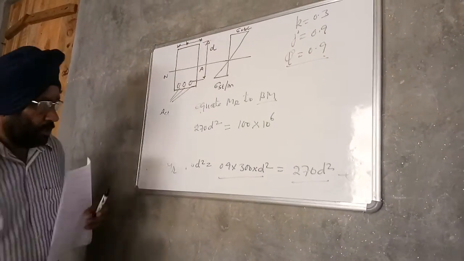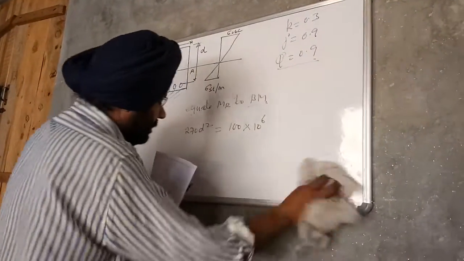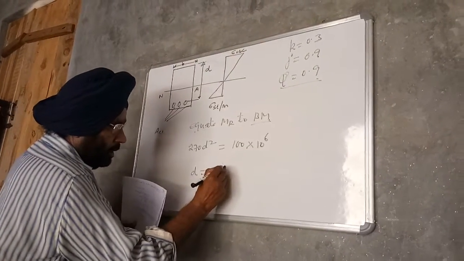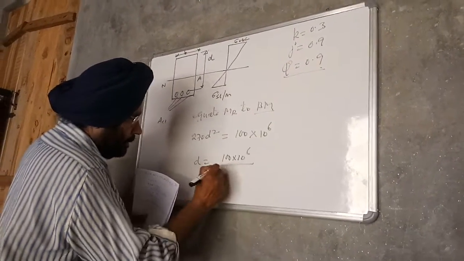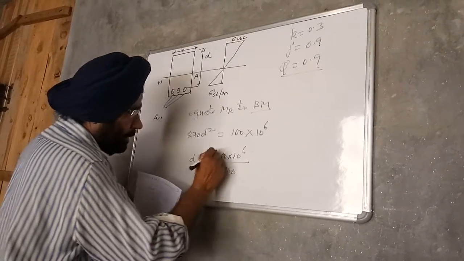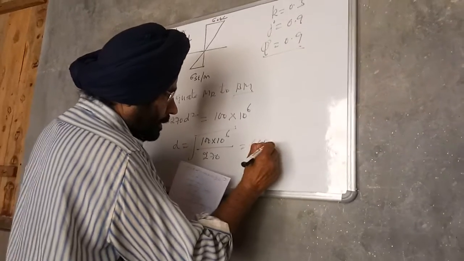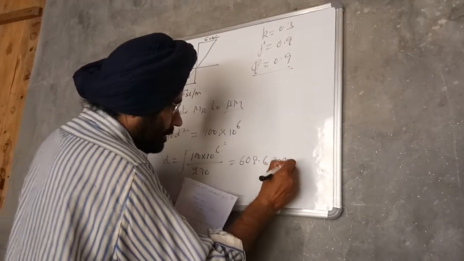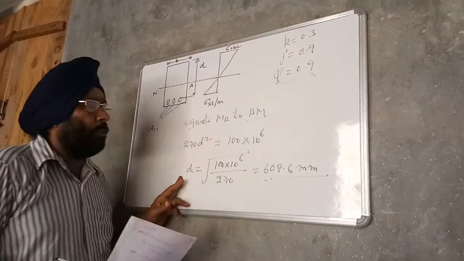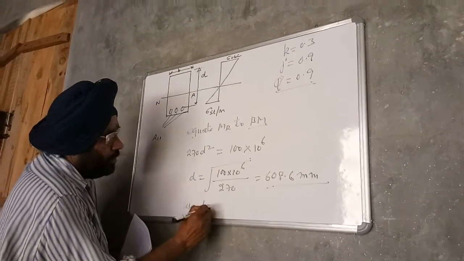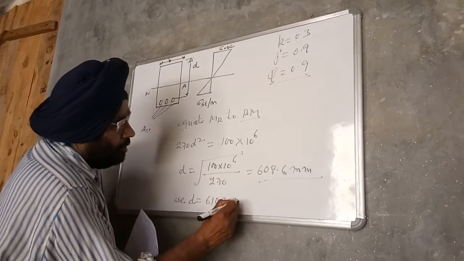So it means D square is equal to, so D is equal to the square root of 100 into 10 raised to the power 6 upon 270. So the value of D comes out to be 600.6 millimeter. So this is the calculated value of the effective depth. So use effective depth D as 610 millimeter.